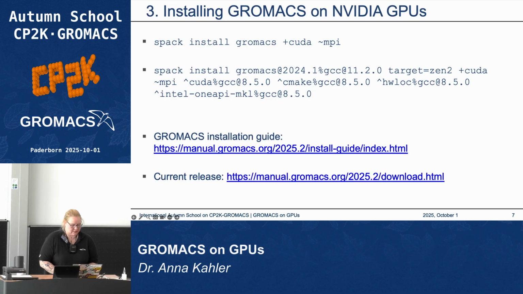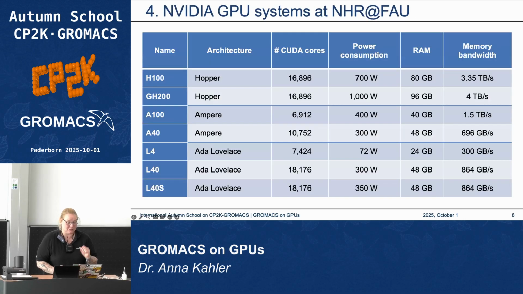Next, I'm going to tell you which of the systems I use to benchmark all of the data that I'm going to show you later. So these are the NVIDIA GPU systems we have at NHR at FAU. The upper two are the H100 systems. We have a big cluster with the H100.